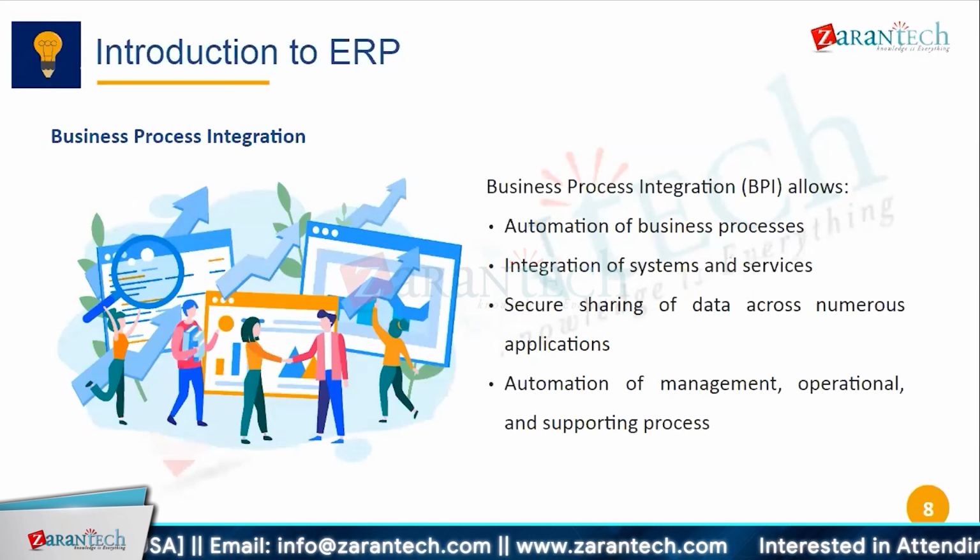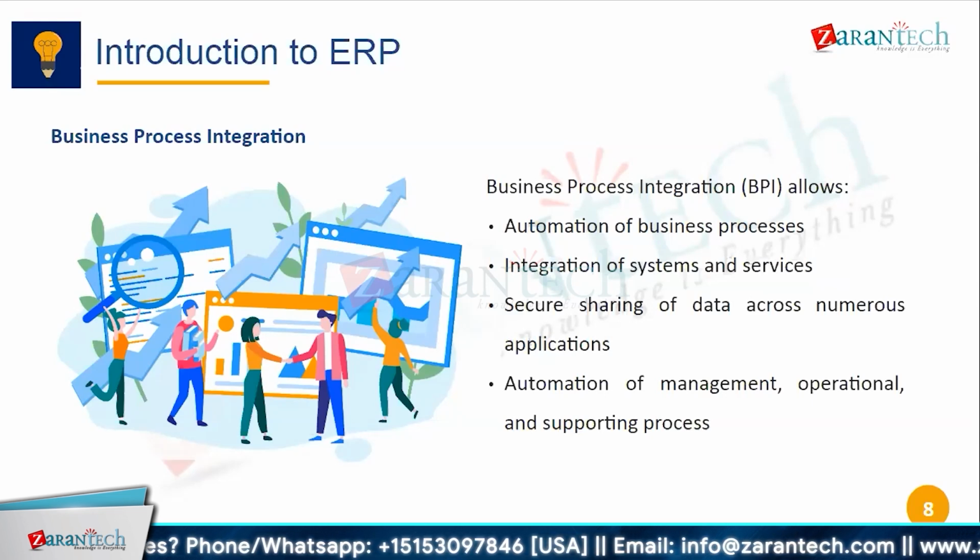Simple example of automating a business process is if someone in, say, the sales and distribution module enters an invoice, simultaneously in material management, the stock will be reduced. Simultaneously, as they have finished the entry, the sales in the general ledger will be updated.